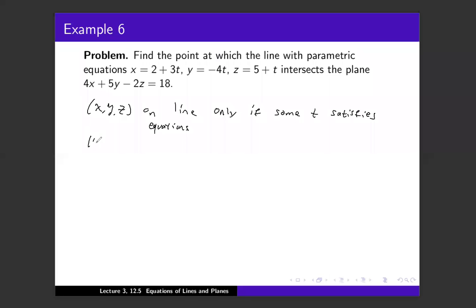And also this point x, y, z is on the plane only if x, y, and z satisfies the plane equation.